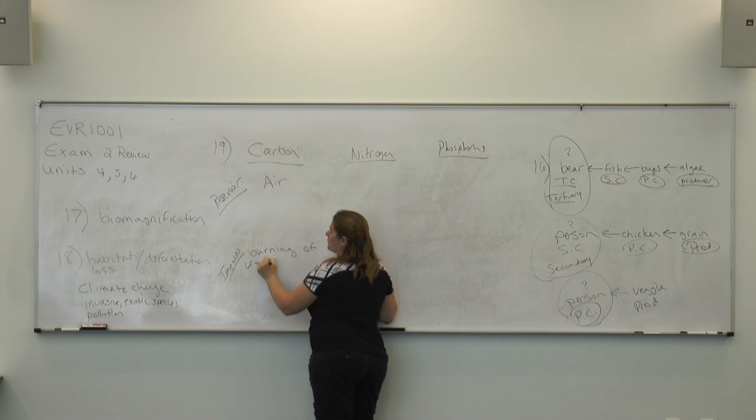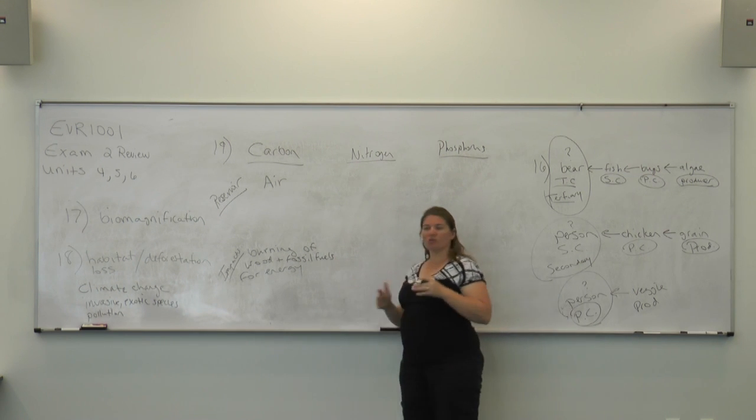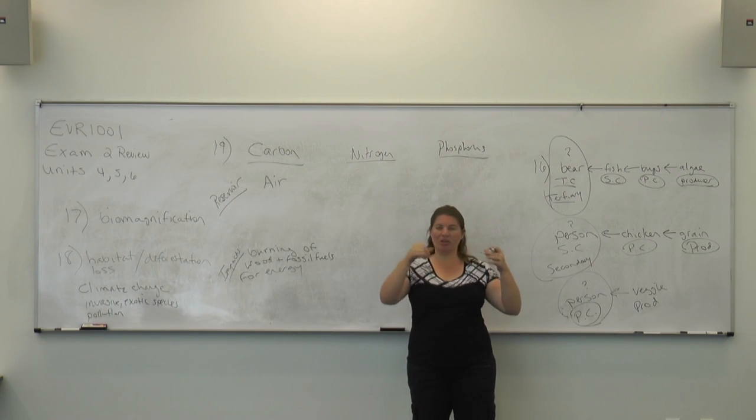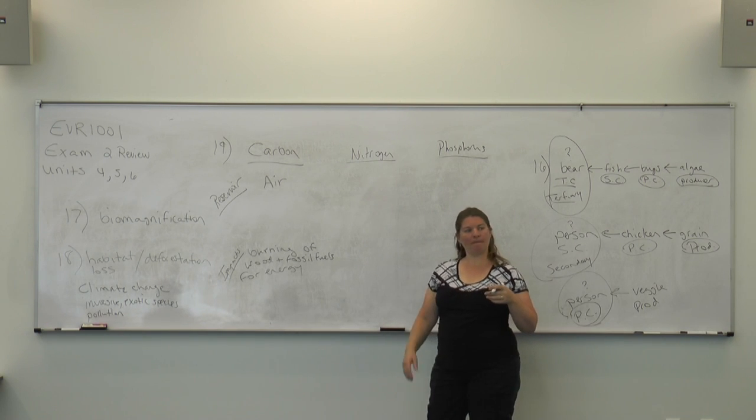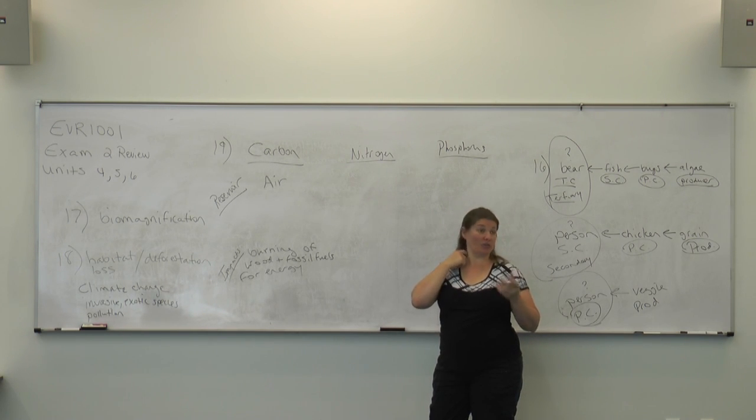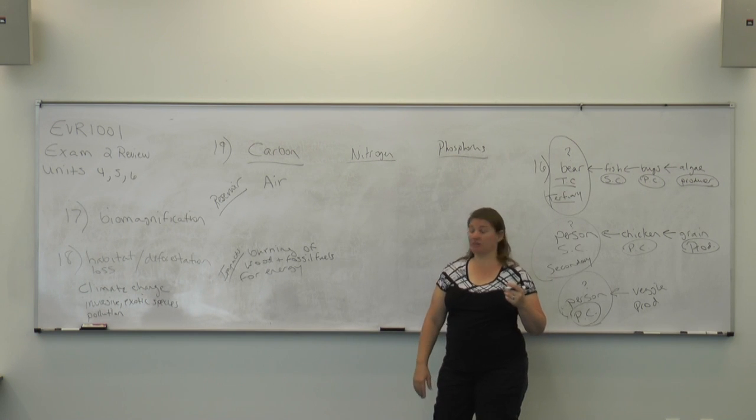Burning of wood and fossil fuels for energy use. Wood and fossil fuels are all carbon-based. And so when you burn it, it produces a ton of excess carbon dioxide, which is a type of greenhouse gas.